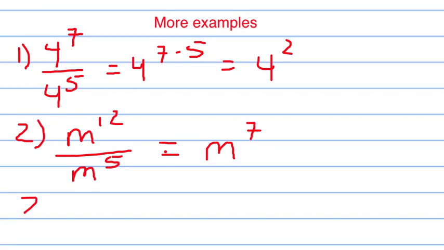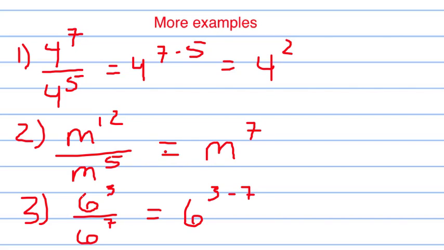And then our last example, we have 6 to the 3rd power over 6 to the 7th power. This time when we subtract, we have 3 minus 7, so we're actually going to get a negative exponent: 6 to the negative 4th power.